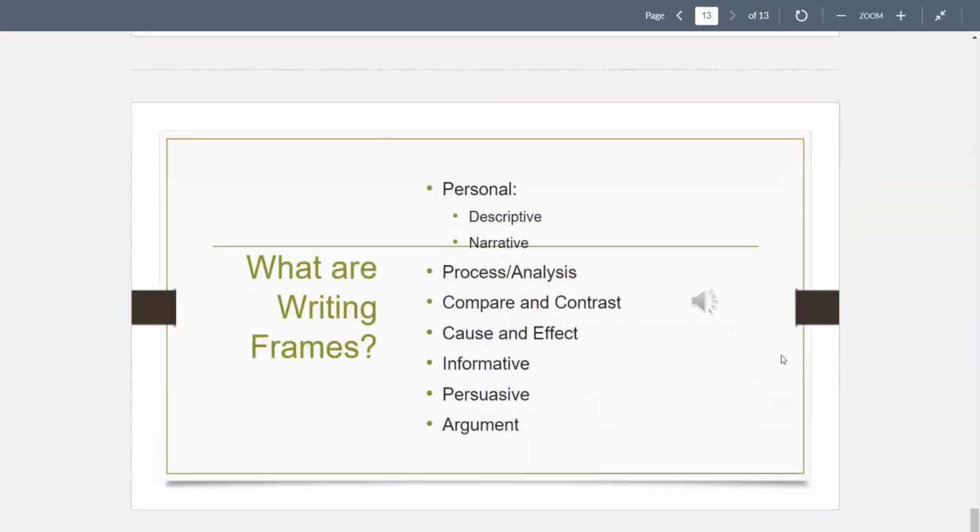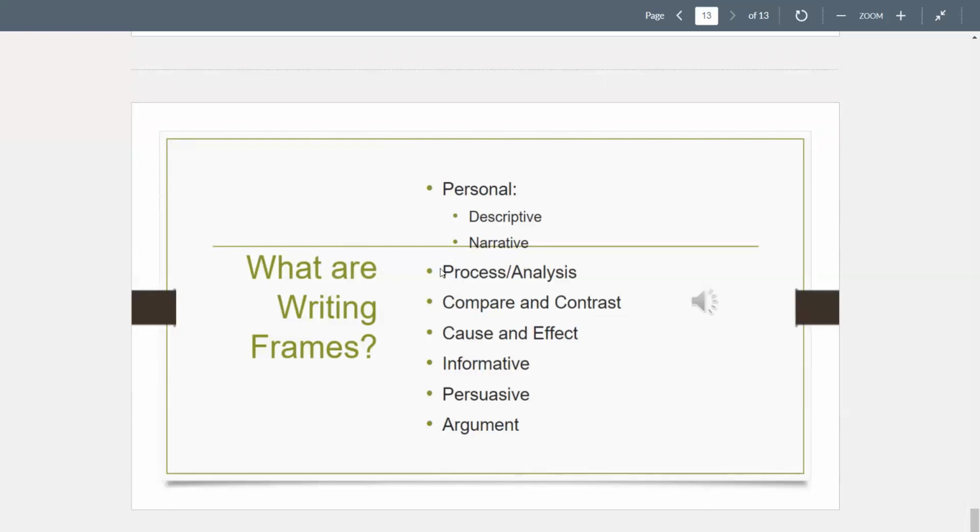All right, and the last part that I want to talk about is writing frames. So these that we've talked about are the general process of writing an essay. What we're going to do for the rest of the class is talk about writing frames. So there's the personal essays. We're going to talk first about descriptive. Next week, we'll talk about narrative.